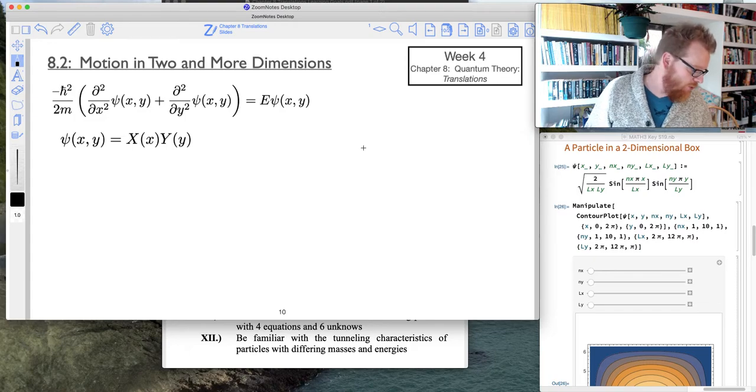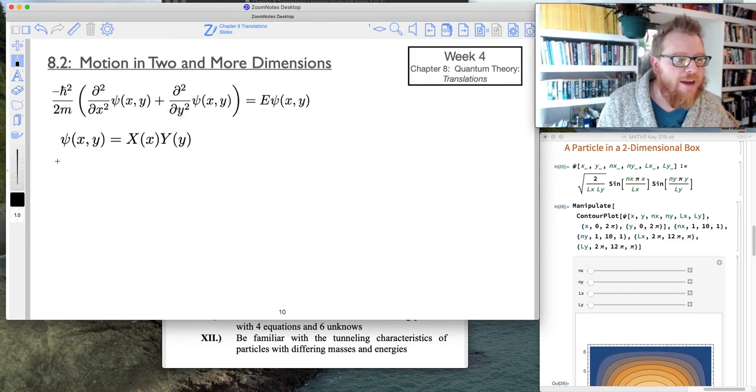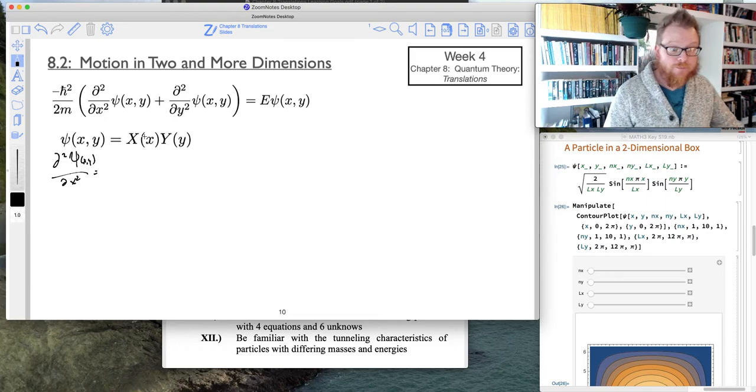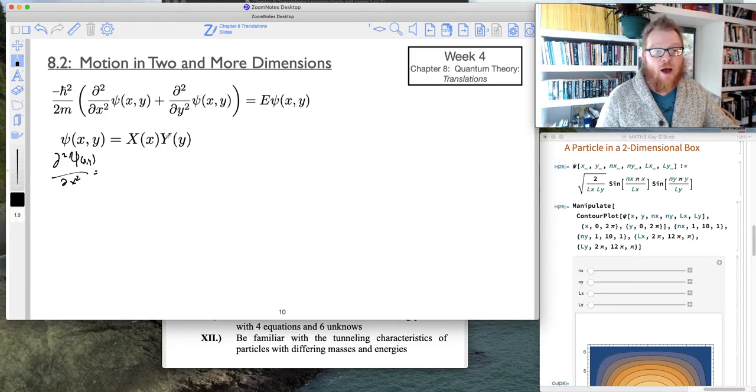So what I can do now, recognizing in my partial derivatives here, if I take the partial of ψ(x,y) with respect to x, then I know that now this function Y becomes a constant, so I can take that out in front. It doesn't depend on the derivative of x, okay?